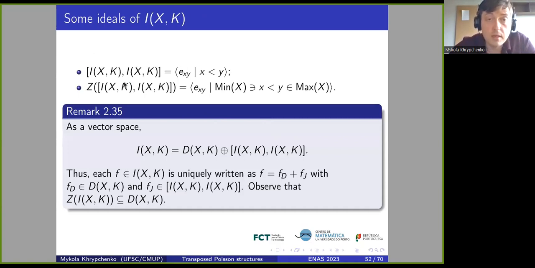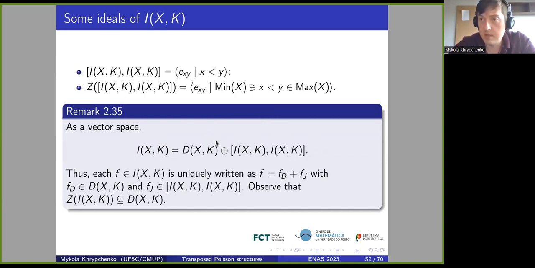Its square as a Lie algebra — I haven't said that, we are considering incidence algebras under the commutator product — is spanned by EXY, where X is strictly less than Y, and the center of the square is spanned by EXY, where X is minimal, Y is maximal, and X is strictly less than Y. You can see that I is the direct sum of its square and the diagonal subalgebra.